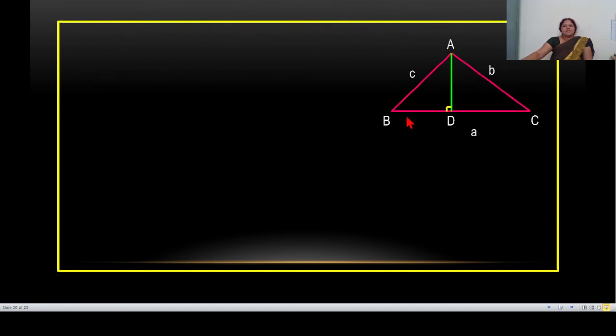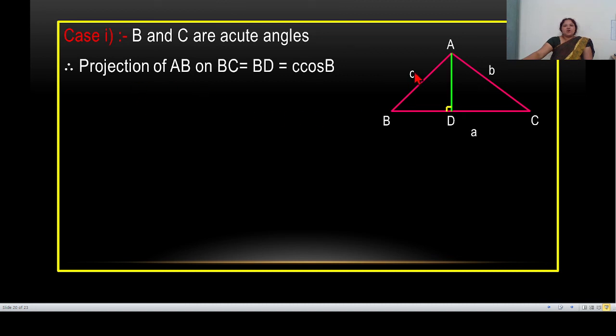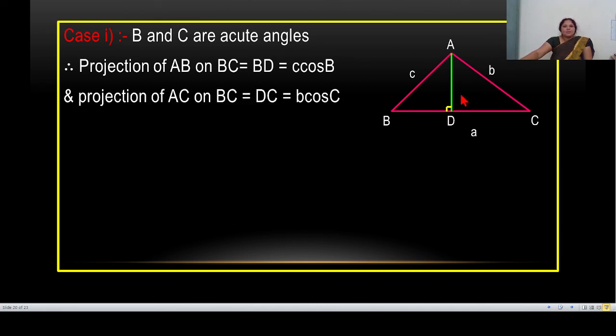Here ABC is a triangle, AD is the altitude. Case first, B and C are acute angles. The projection of AB on BC equals BD, and BD equals c cos B, and the projection of AC on BC equals DC, and DC equals b cos C.